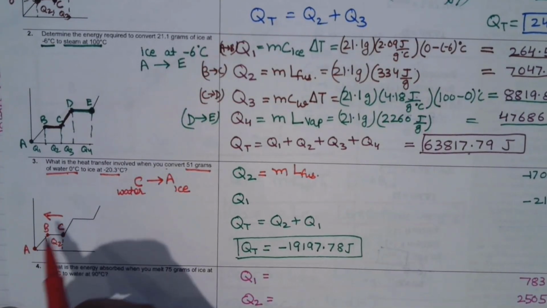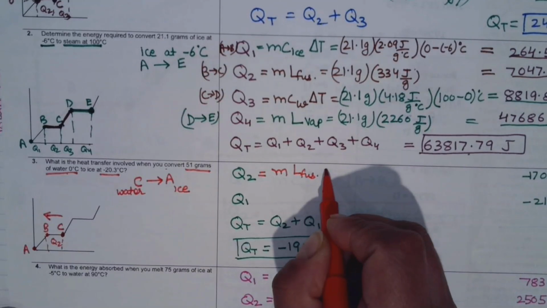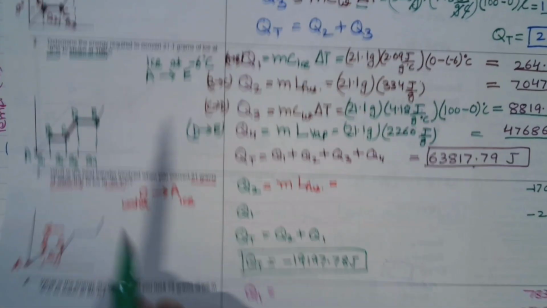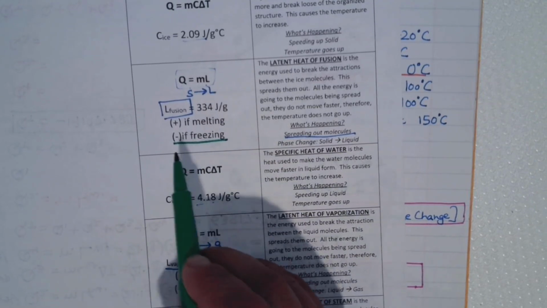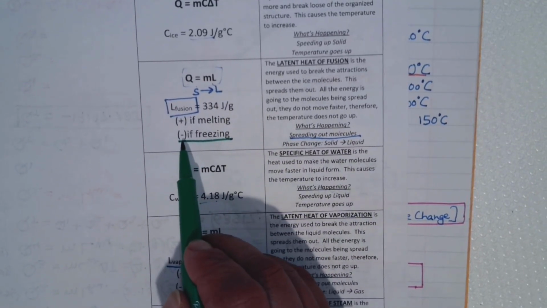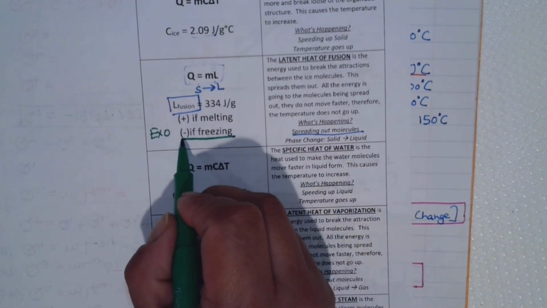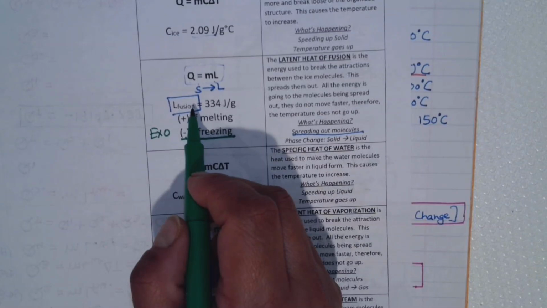But since we are cooling, this is an exothermic reaction, we are going to use the negative sign for latent heat of fusion. Because cooling, or freezing, is an exothermic reaction. So you have to use a negative sign with latent heat of fusion.